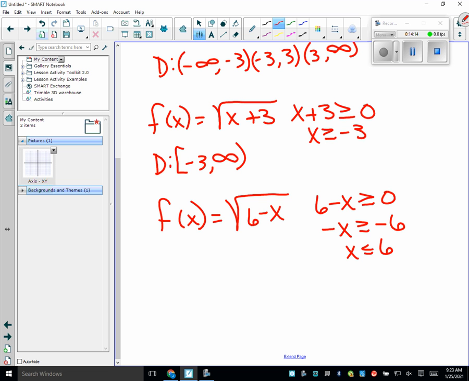So how do I write this? From negative infinity to 6, with a bracket. This is less than. Do you agree?